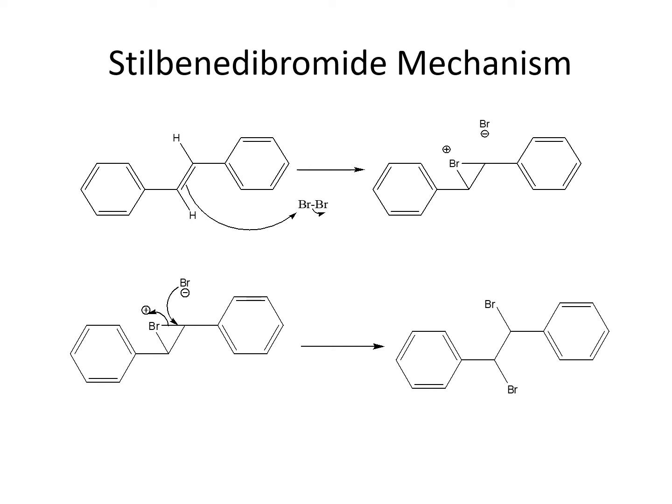The mechanism you see with the cyclic bromine is called a cyclic halogenonium ion intermediate, where a three-member cycle is formed with the halogen as part of the cycle.